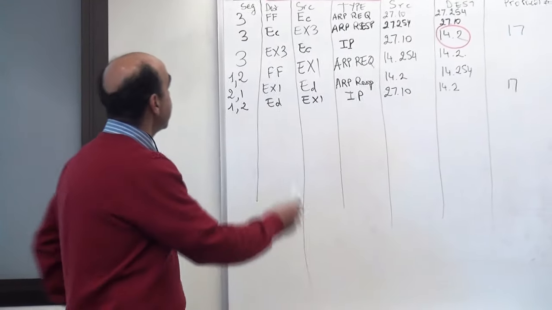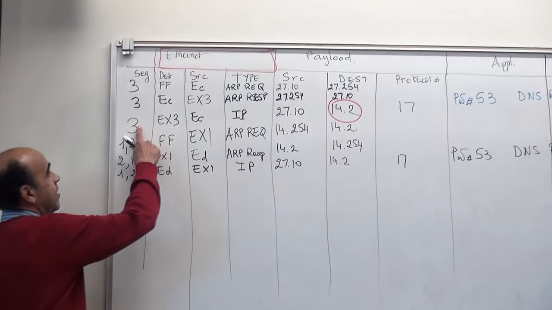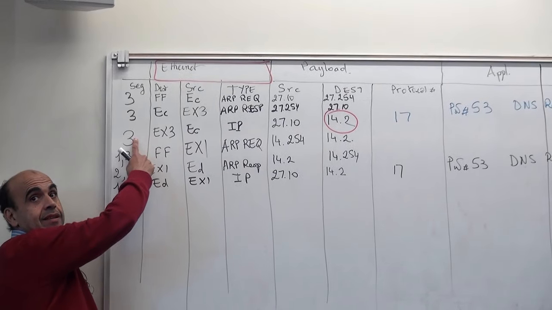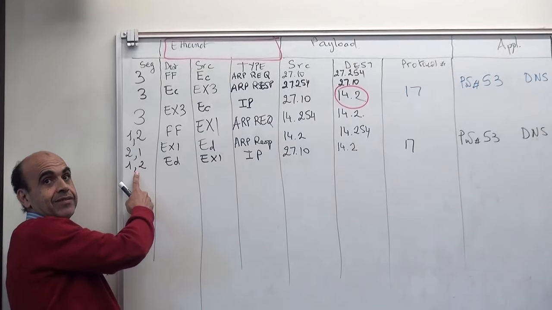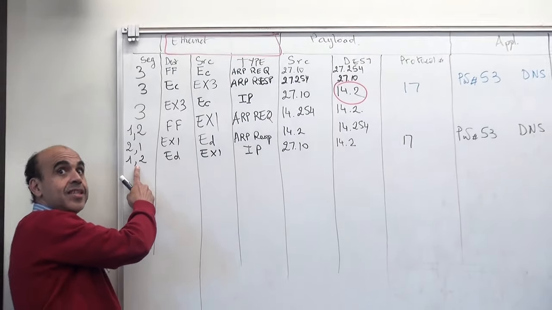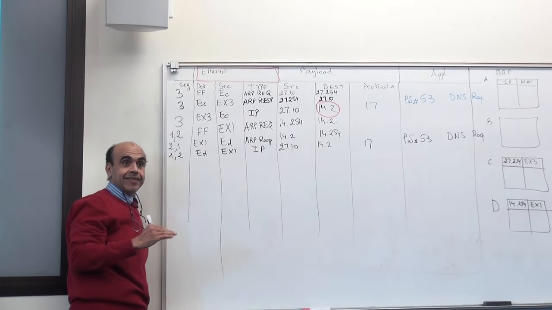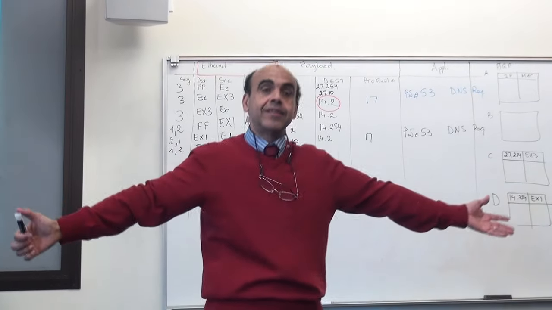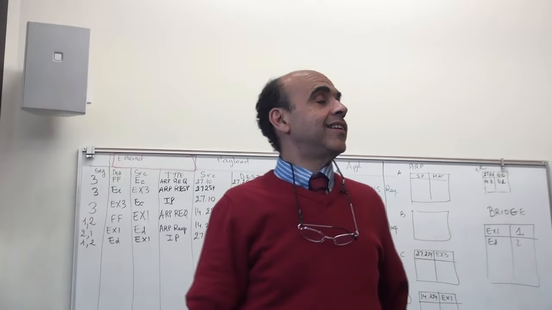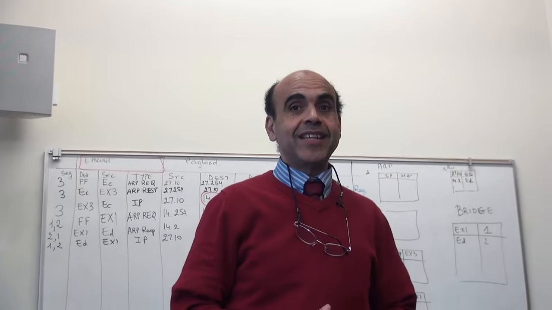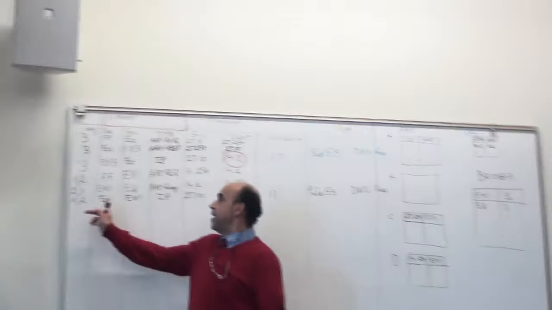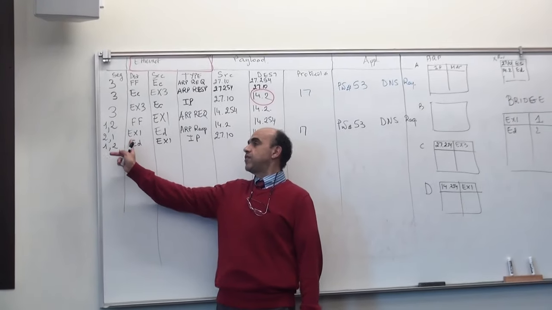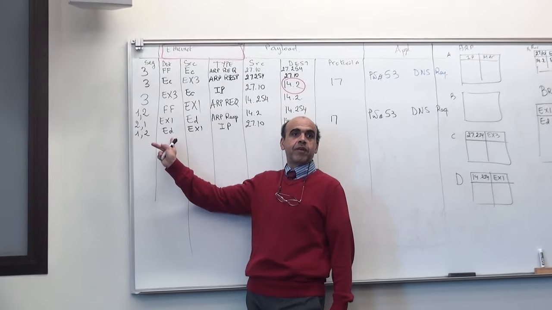This packet went on segment 3, and now it is traveling on 1 and 2 toward the destination. It's still the question, because it did not yet reach the DNS server. So now, which machines will see this frame?